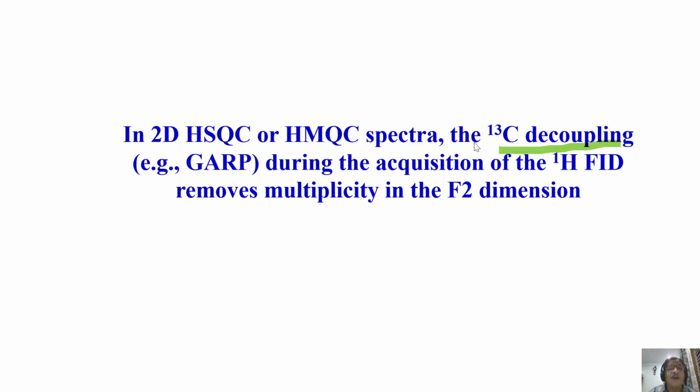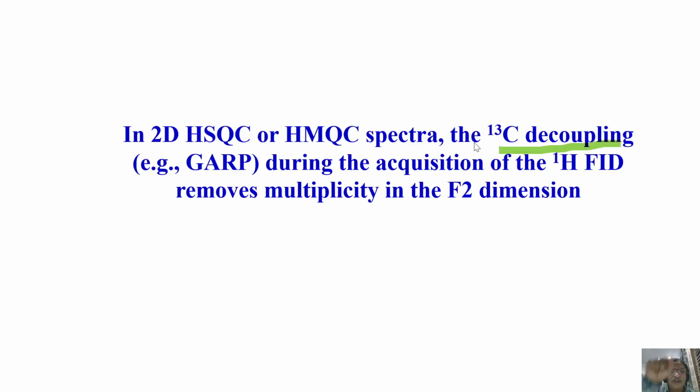What we can do is even carbon decoupling. In addition, while detecting proton, you can do carbon decoupling. Then what will happen? The satellites will disappear, merge into a single peak. So what will you expect in the HSQC spectrum? The two doublet components you saw as satellites now merge and give a single peak at the center.